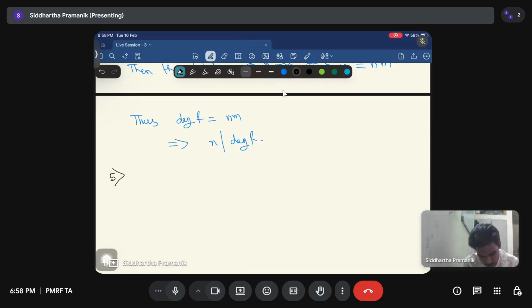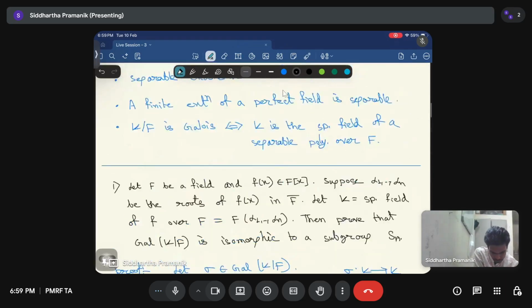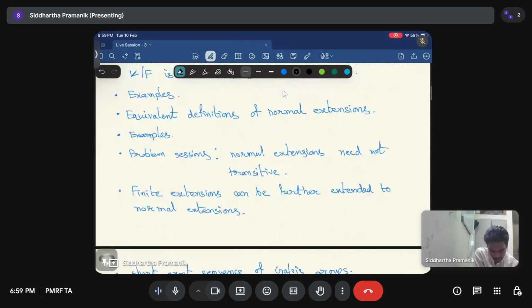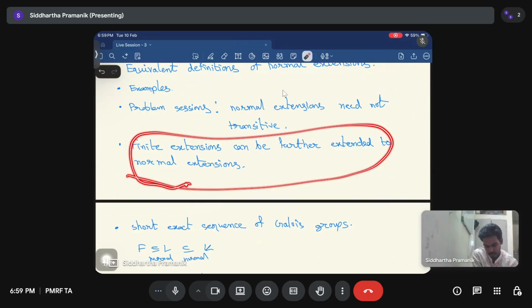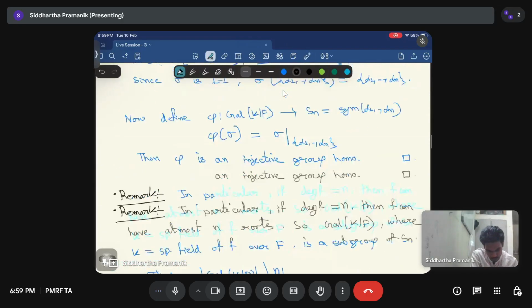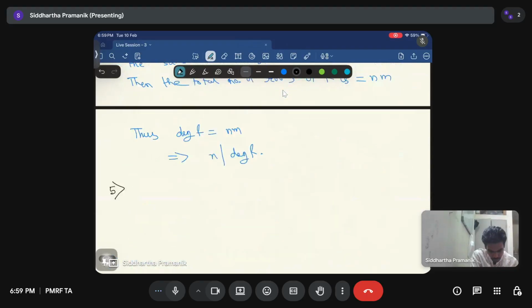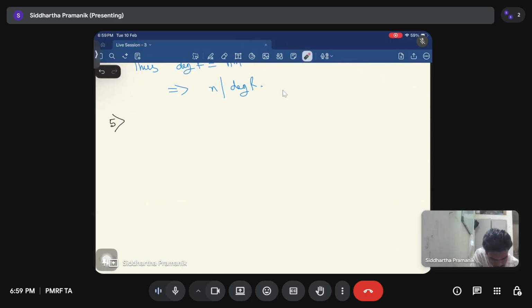So while I was doing the summary, I mentioned one result, that any finite extension can be further extended to a normal extension. So there is a concept of normal closures. So I want to define that now. So what I am saying is that if you have a finite extension, so let K over F be a finite extension, that means the degree of K over F is finite.